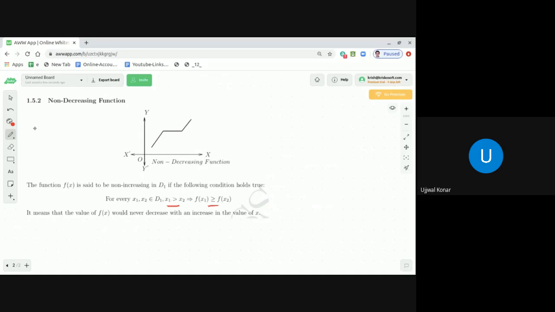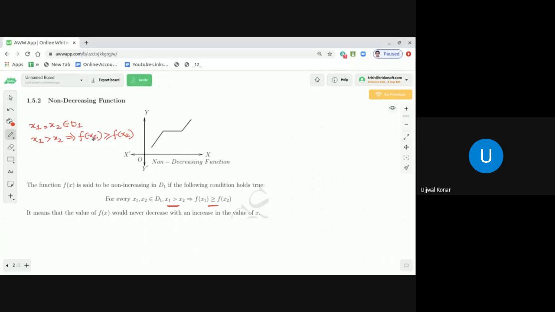So x1, x2 belong to the domain D1 of the function, x1 greater than x2 implying that f(x1) is greater than or equal to f(x2). Then we can say that it is a non-decreasing function.